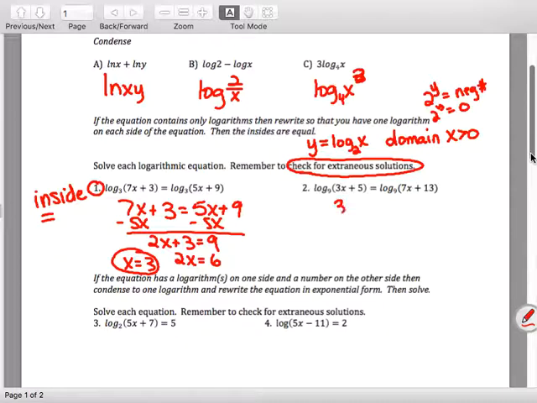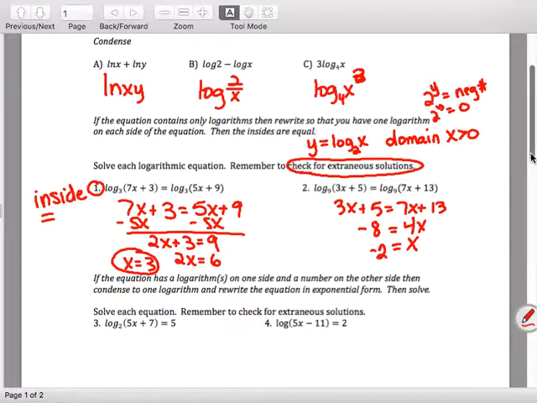All right, so number 2. 3x plus 5 equals 7x plus 13. If I subtract 3x from both sides, I get 4x, and if I subtract the 13, I'm getting x is negative 2.